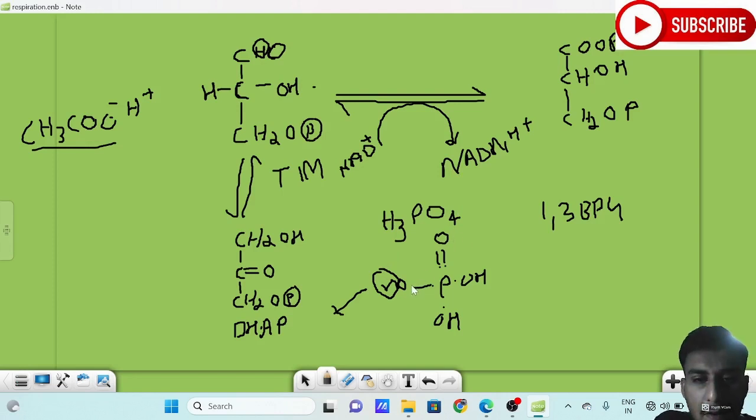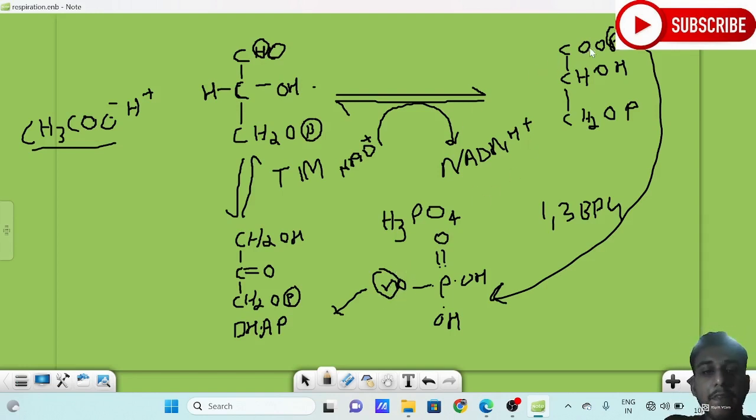So this P is actually the entire structure without H. That is the thing I said, that this O is the O donated by the phosphoric acid. Okay, so now 1,3-BPG has formed.